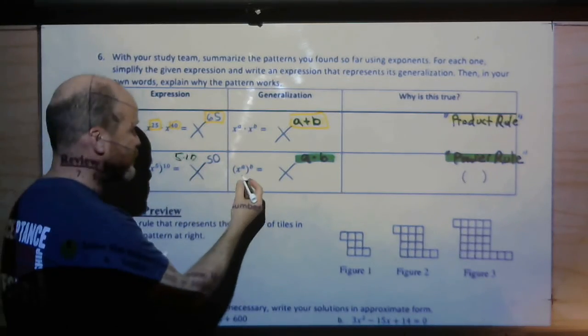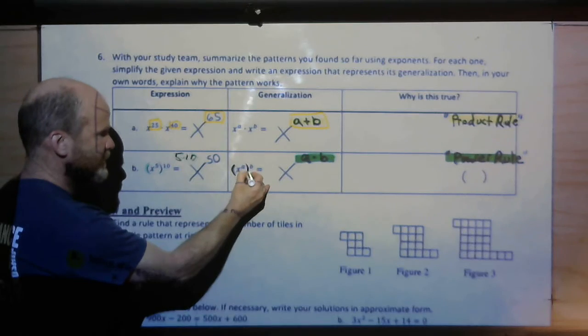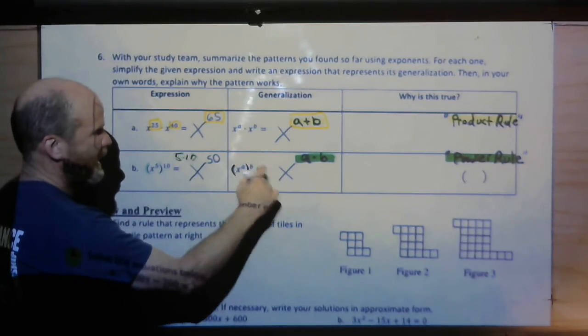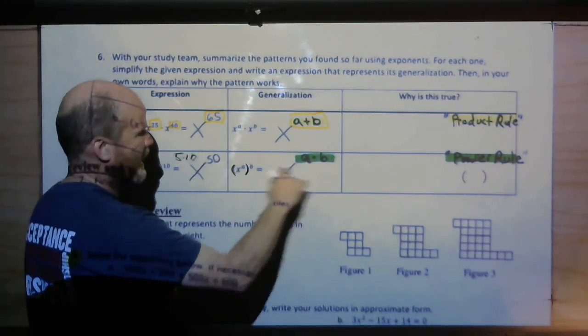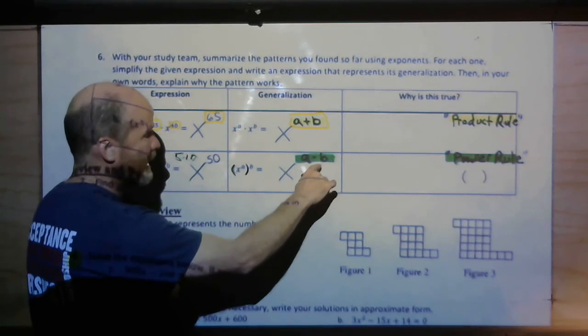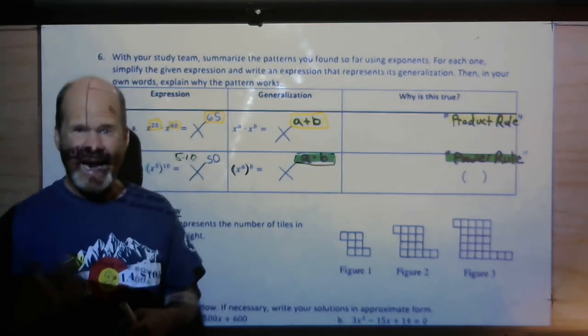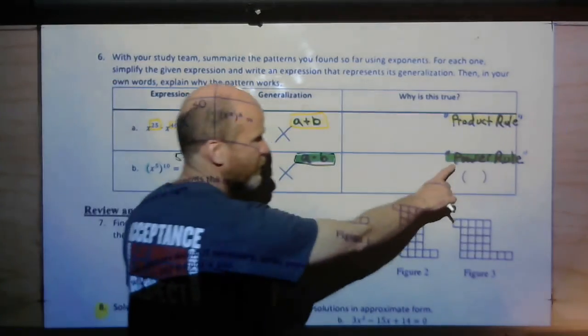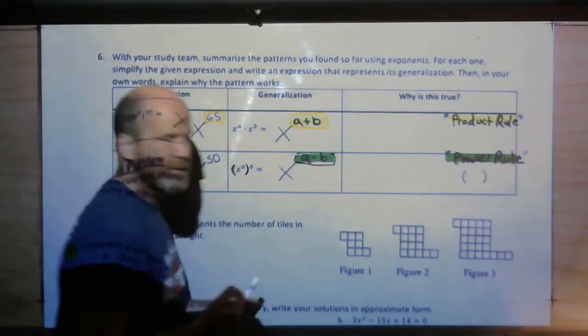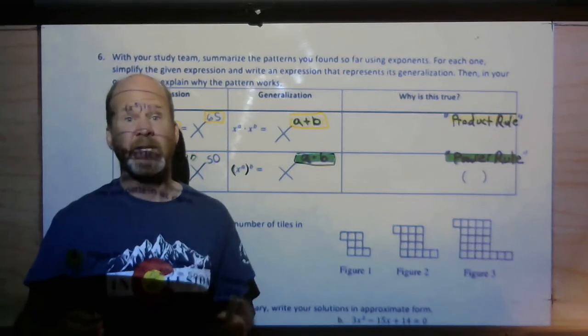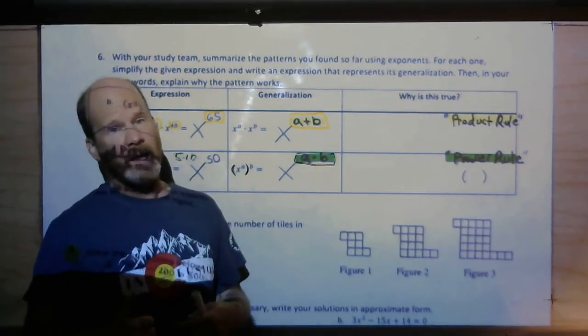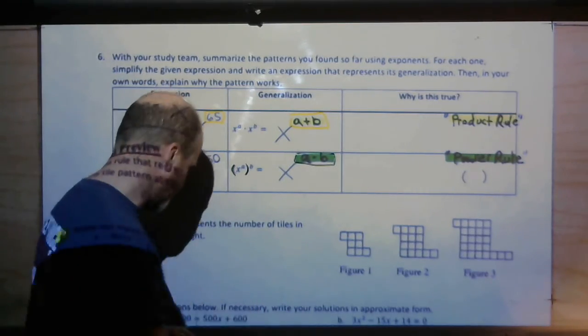So the generalization is when you see those parentheses and it's raised to a power, in this case it would be a times b, you're actually multiplying your exponents, and that is the power rule. So I put that right here with the parentheses to make sure that anytime you see those parentheses, you know that you're multiplying your exponents, not adding them.